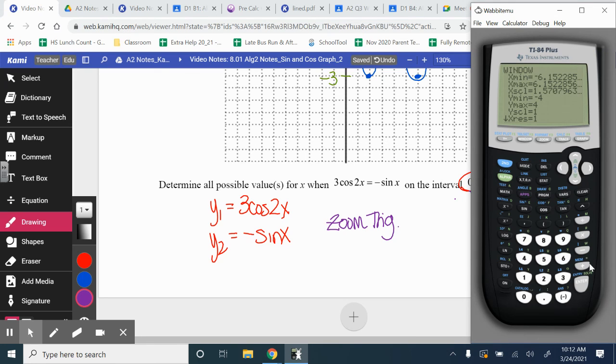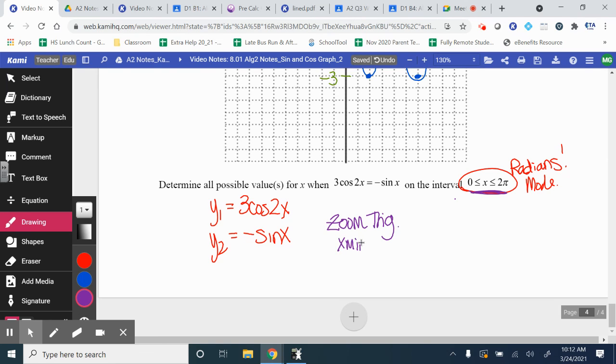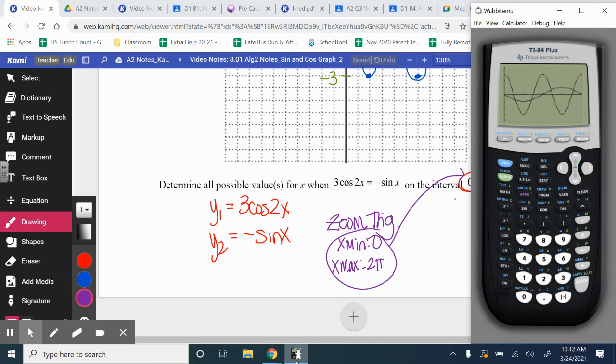I'm going to go to my window and set my x min to 0 and my x max to 2 pi, because that's all I want to see. And then you can leave the rest. So x min at 0, x max at 2 pi. And again, that's because of this right here that's coming from.